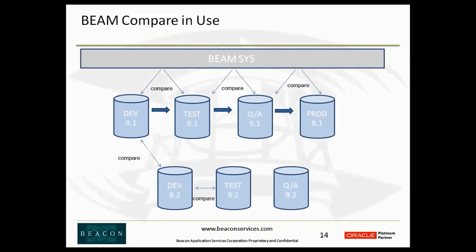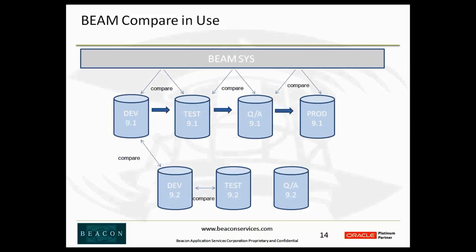You might want to compare a 9.1 environment to a 9.2 environment. So why would you want to do that? Well, if you're planning an upgrade, you might want to do some assessment or impact analysis. You might want to see what's different. But more likely, once you've moved or converted your data from 9.1 to 9.2, you probably want to compare those two things to see if the data is still the same.